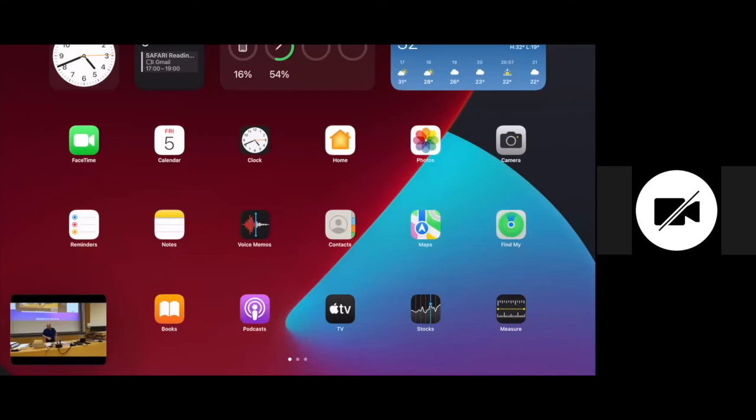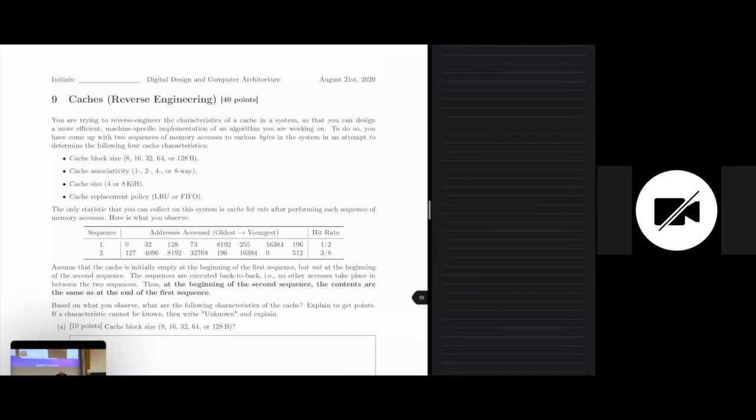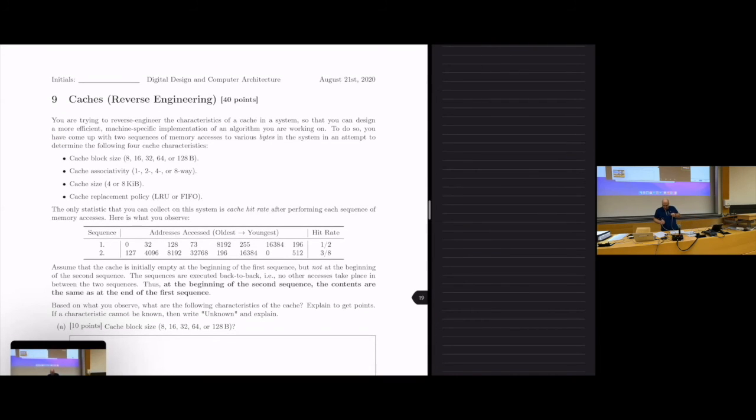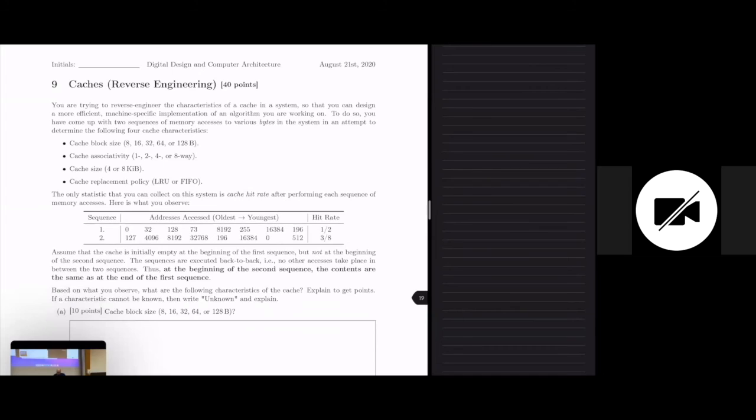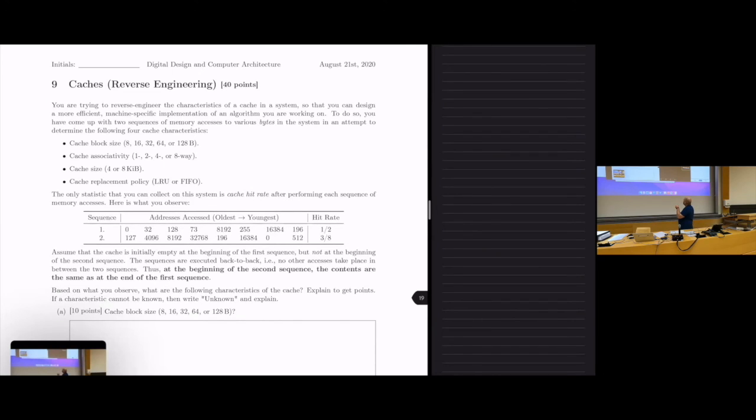Okay, can you see my screen? Yes, we can see it. It's the PDF and the notes on the right side, right? Yeah, exactly. Okay, thanks.